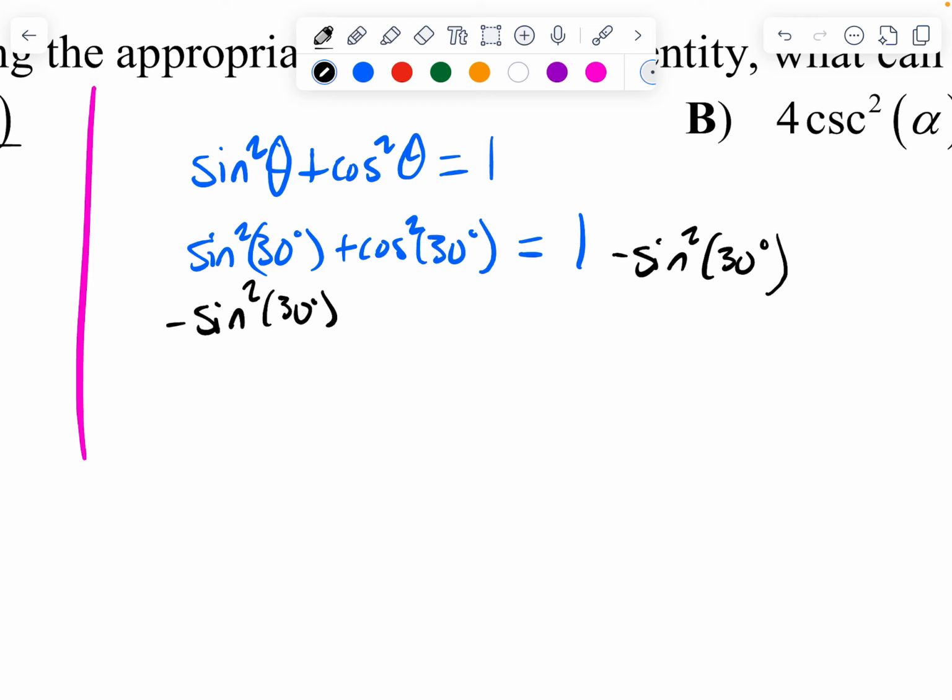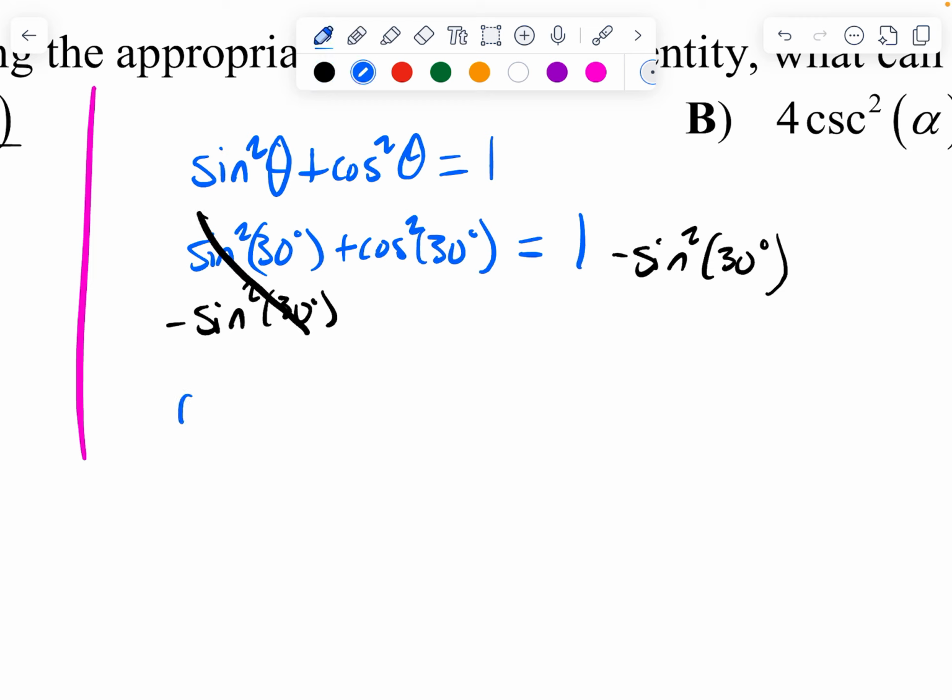When I do that, on the left side, positive and negative cancel, so we're left with the cosine squared of 30 degrees equals 1 minus sine squared of 30 degrees. We haven't broken algebra, we're just looking at Pythagorean identities.